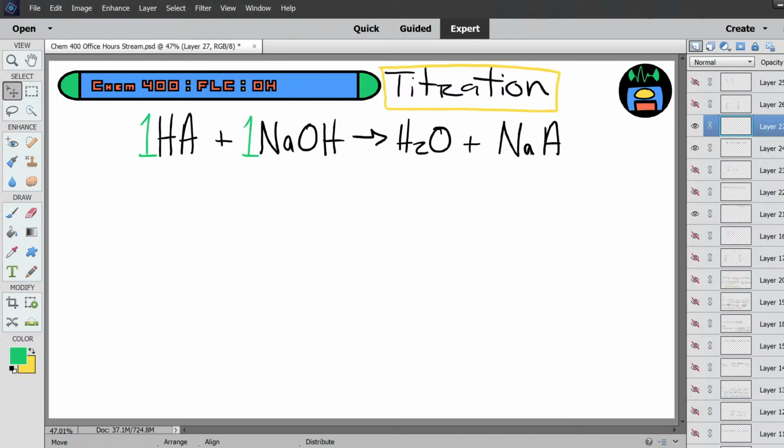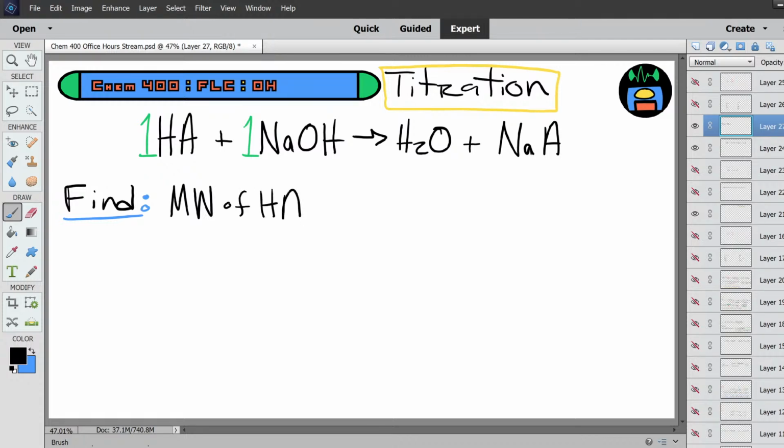Okay. All right, now, with that in mind, let's unpack in this problem what we're trying to find, what we're given, and how we're going to get from point A to point B. We are trying to find the molecular weight of the analyte, and that is the molecular weight of HA.